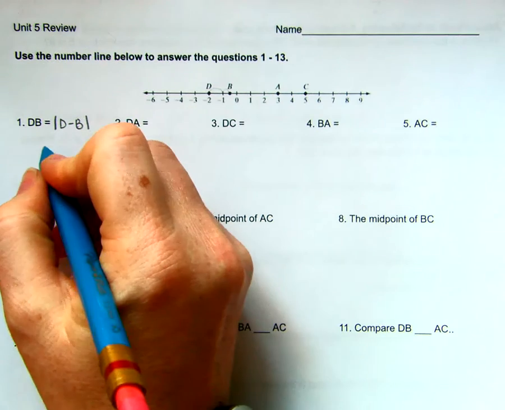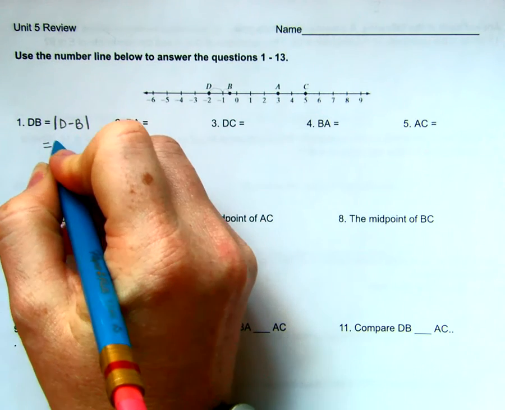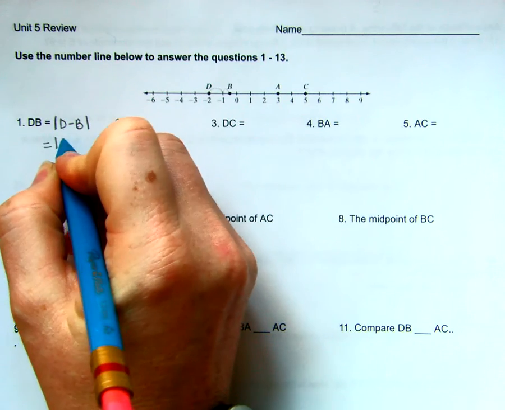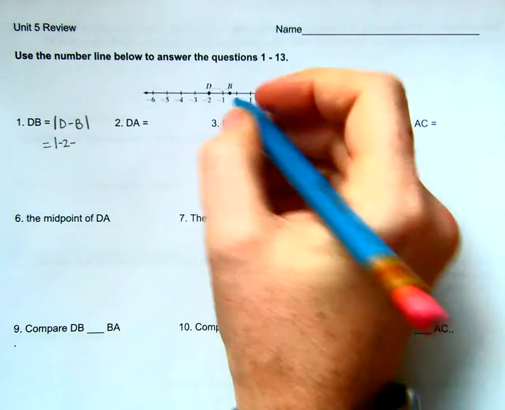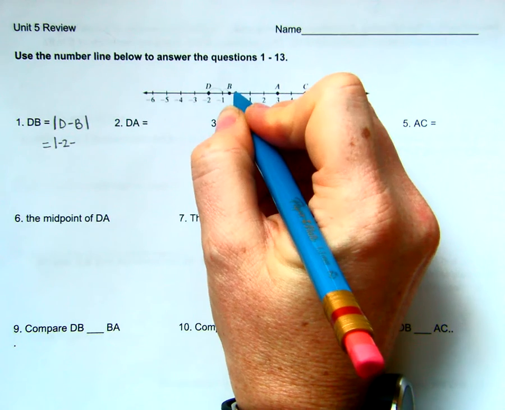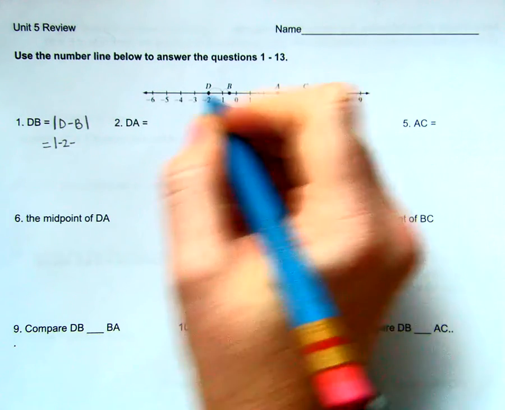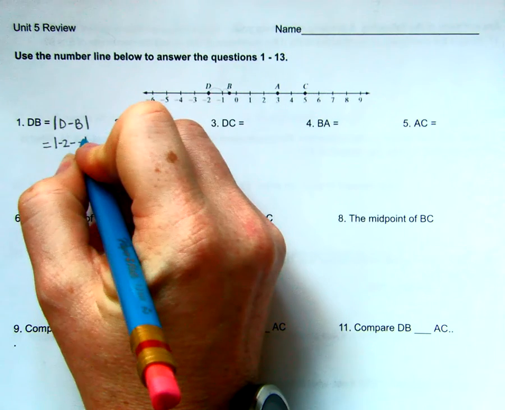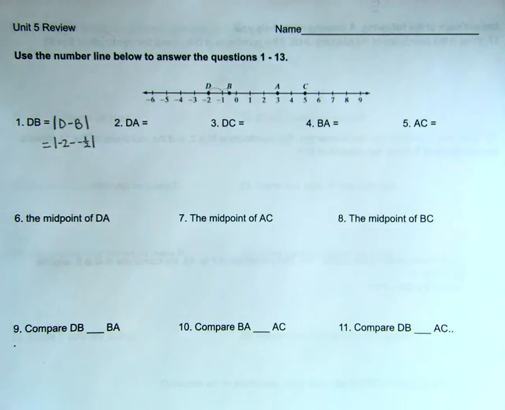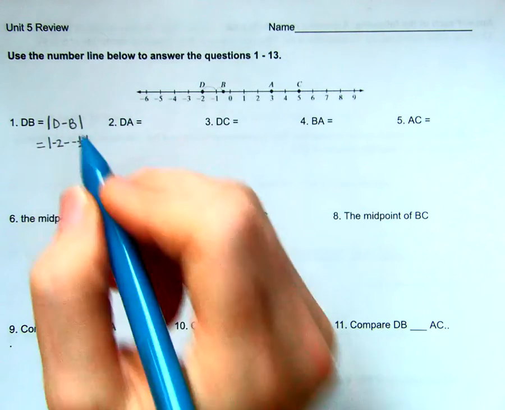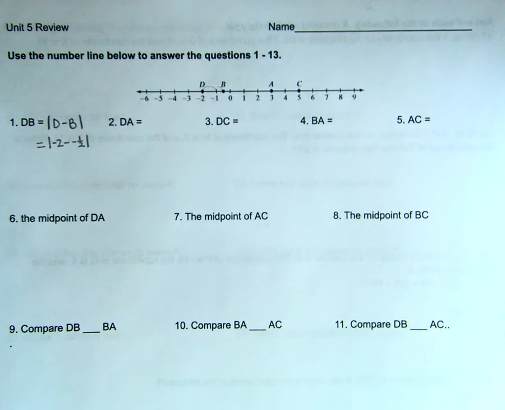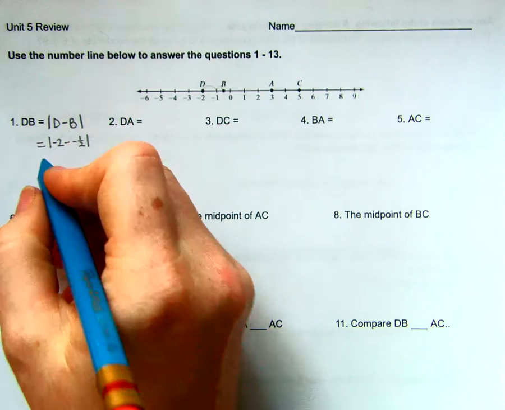Okay, so I'm looking at the absolute value of the coordinate of D, which is -2, minus the coordinate of B. It's halfway between 0 and -1, which would be -1/2. I can choose to put this in the calculator just as is, or I can do the arithmetic by hand.